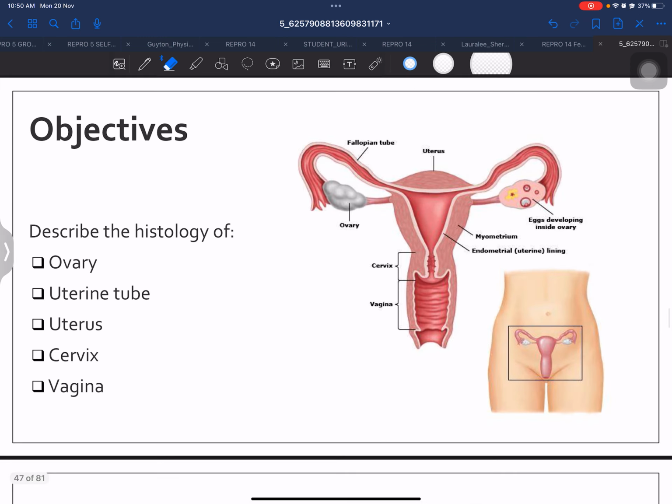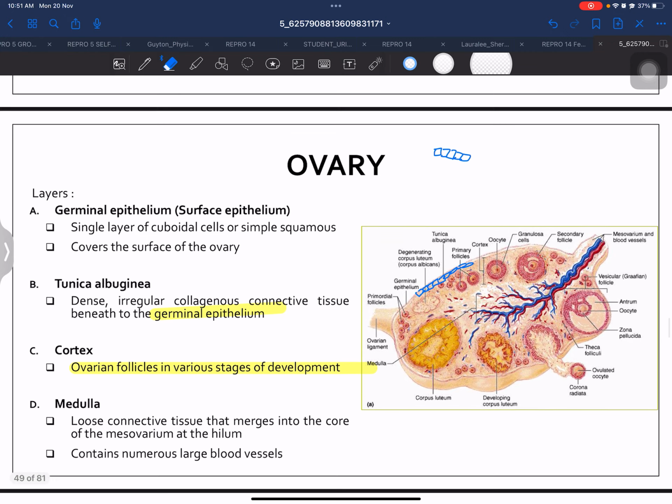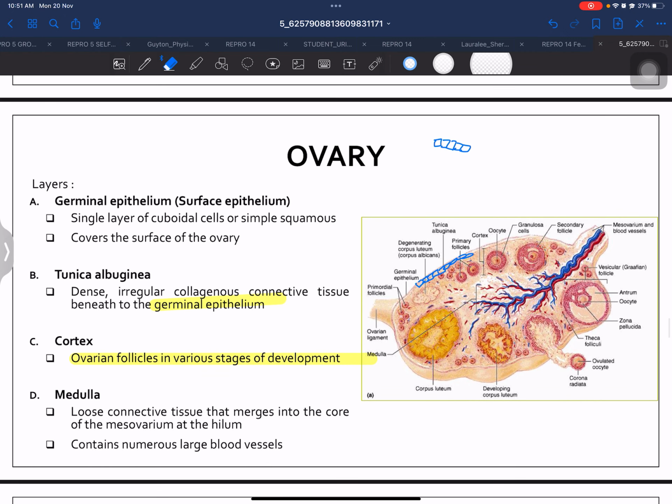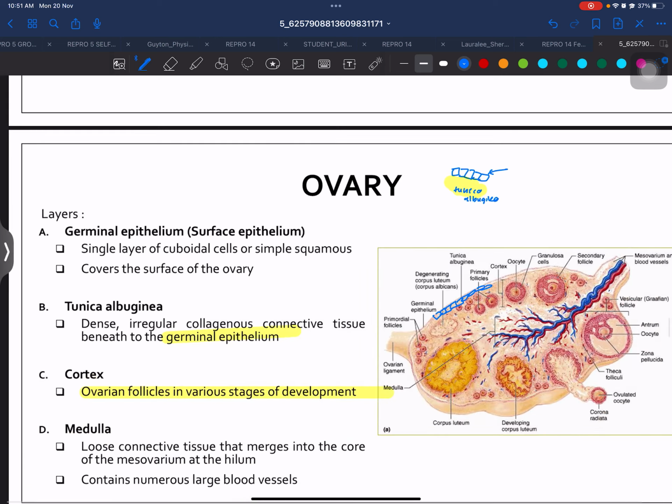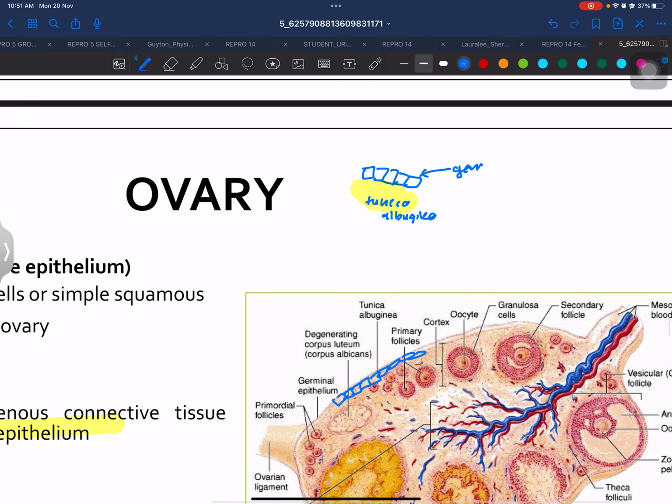These are the germinal epithelium, the tunica albuginea, and the cortex of the ovary, which has all these follicles. Near the center we have the medulla.